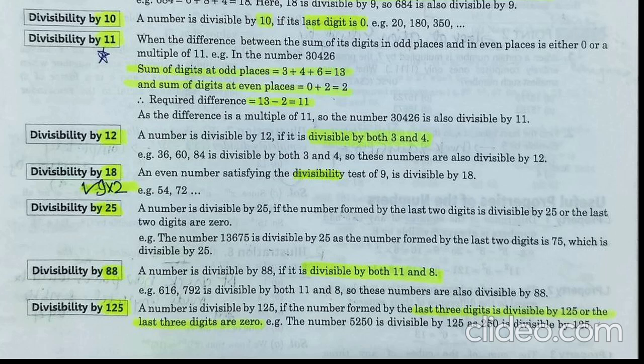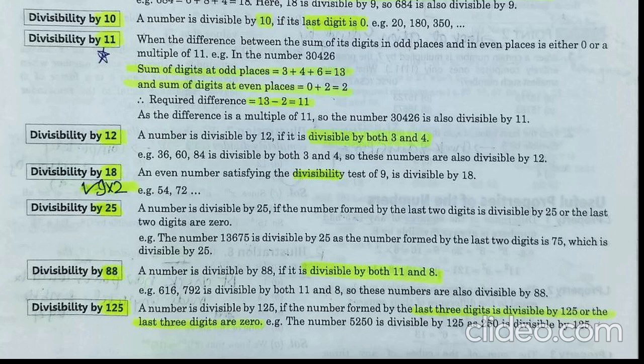Add those digits, you will get 13 for the odd places. Same for the even places, 2 plus 0, because we are going from right to left. So 2 at the second place and 0 at the fourth place. Add those numbers, we will get 2.